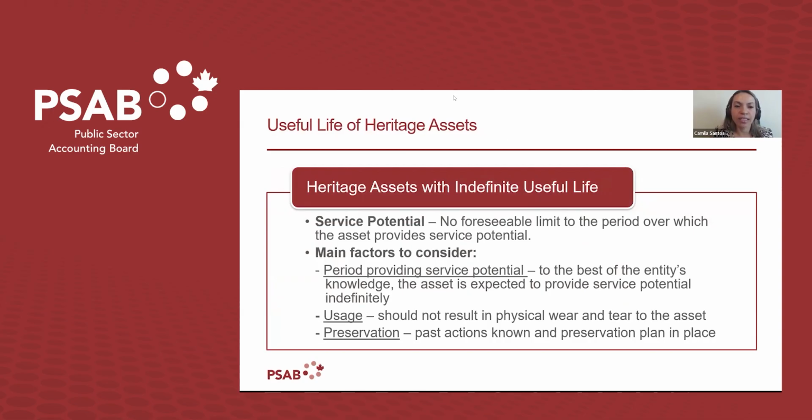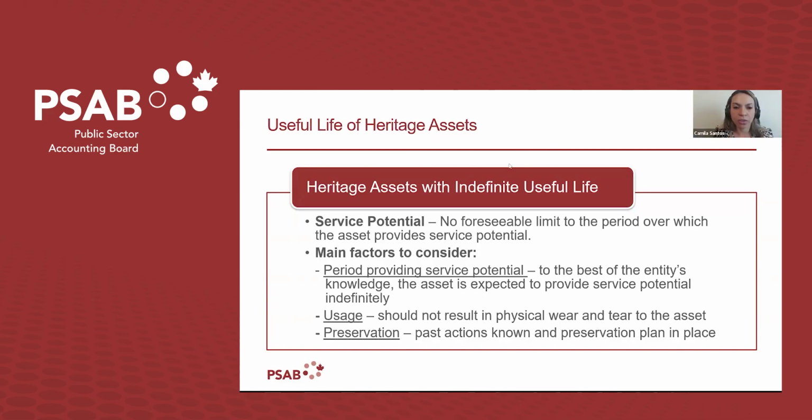But if a heritage asset has an indefinite useful life, an analysis of the relevant factors must show that it's reasonable to consider that there is no foreseeable limit to the period over which it's expected to provide service potential or be used operationally. That's interesting. And what are these factors that public sector entities must consider when performing this analysis?